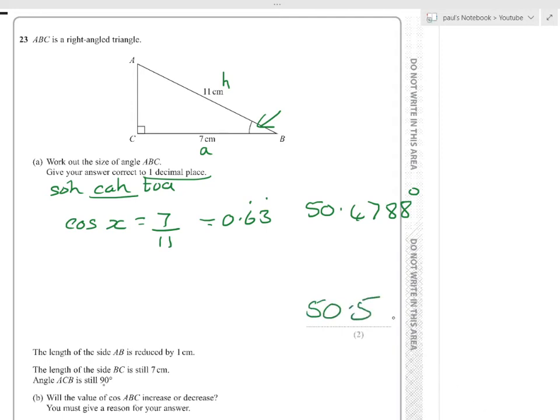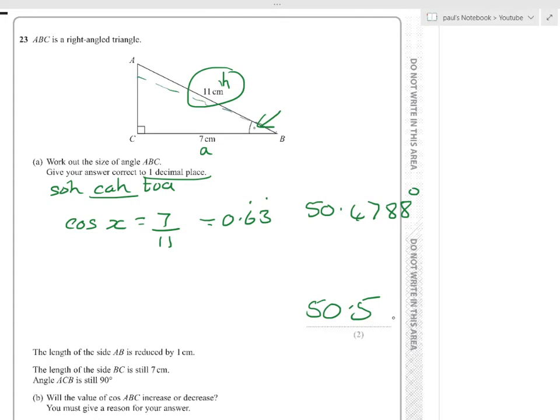Yeah. The length of side AB, this one, has been reduced. The length of side BC is 7. It's still the same. Now, if that's reduced, it isn't going to reach all the way up to there, so it's only going to come down here.